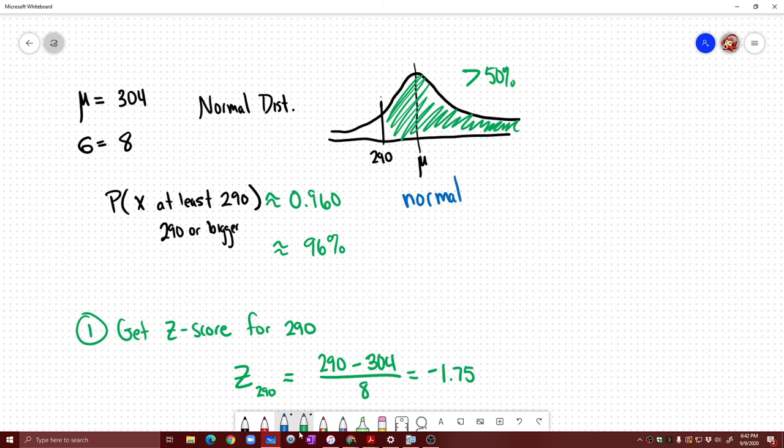I have to write normal CDF and the syntax that I typed: 290, 1E99, and then 304 with the standard deviation of 8. Now, this is not it. We still have to label each of the pieces. Right above it, I would write that this is the lower end, this is the upper end, this is the mean, and this is the standard deviation.